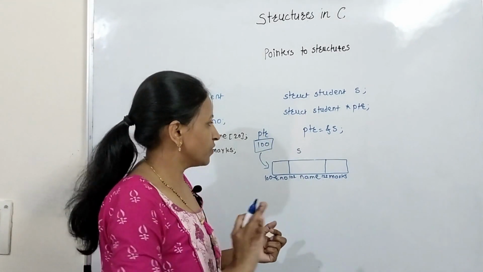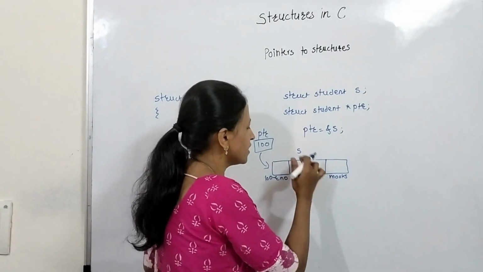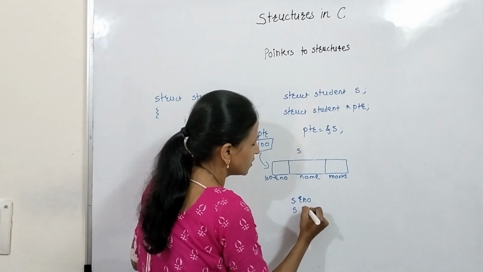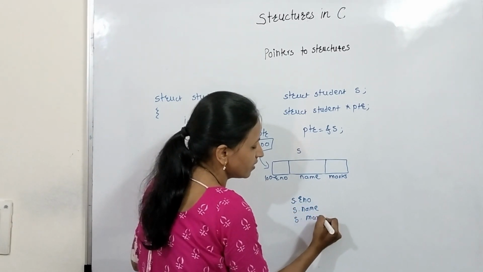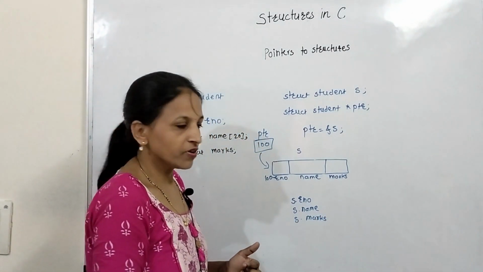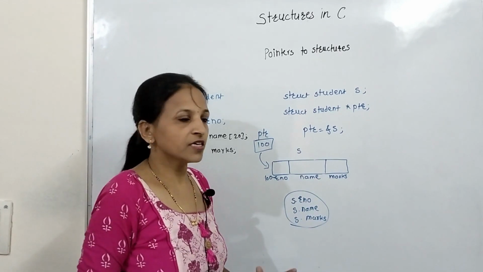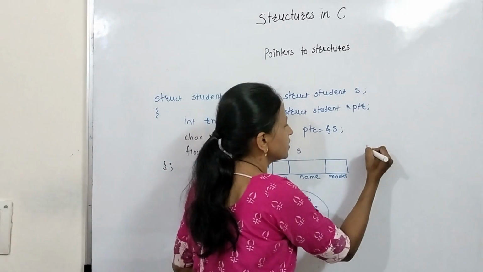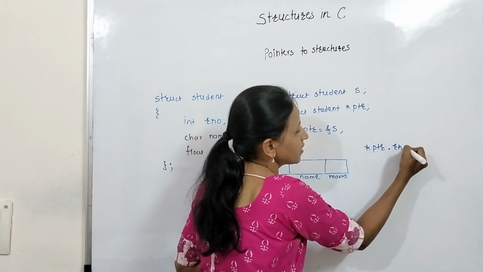How? We know we can access individual members of that structure like S.RN, then S.name, S.marks, in this way. Instead of S, we can also write star ptr there, like (*ptr).rn.